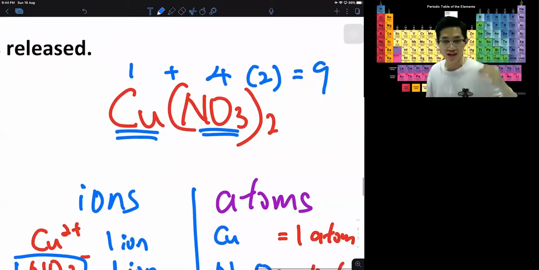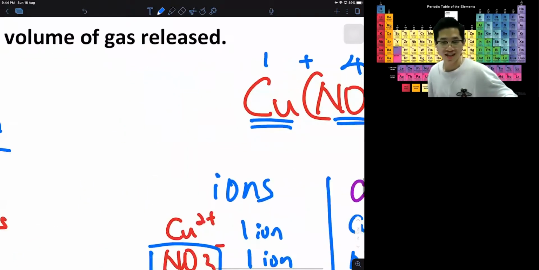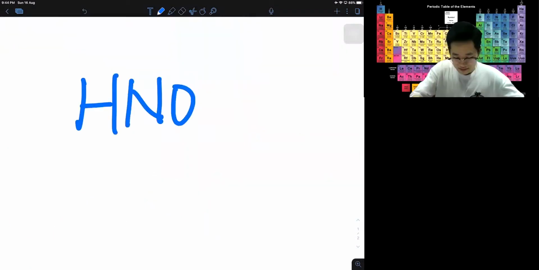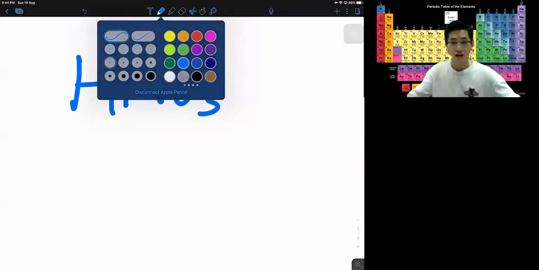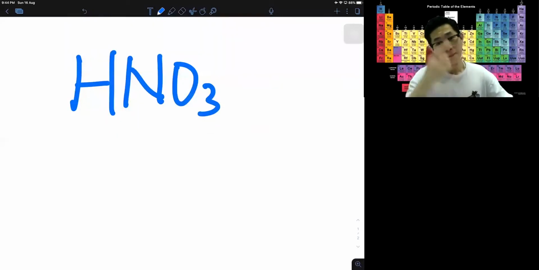Okay. Since Shekhar asked this question, then I want to ask you all this one. I open one more page. Okay, now I give you this one: HNO3. Atom, molecule, ion, or formula unit?